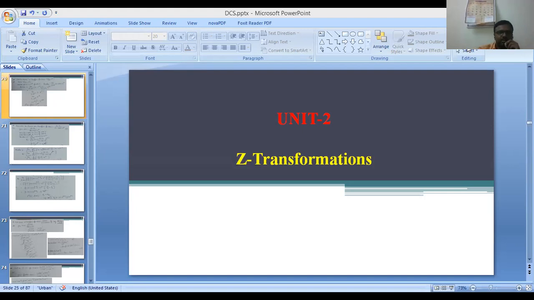These are the three different methods used for applying the inverse Z transform.